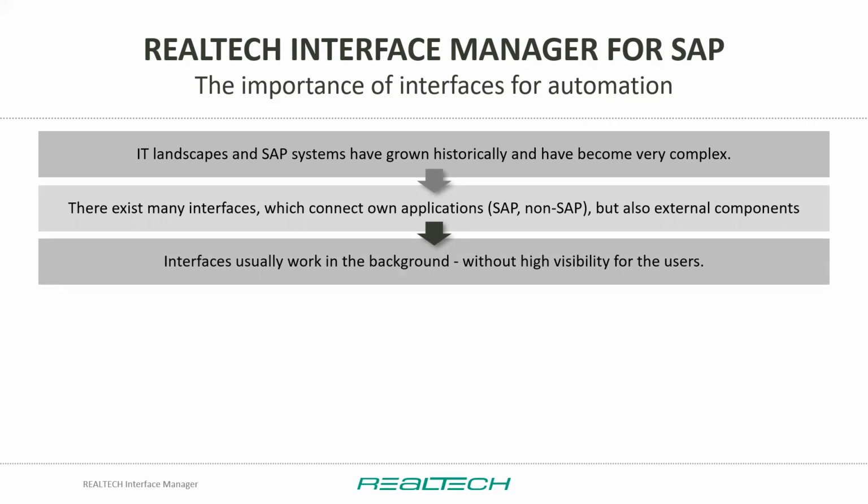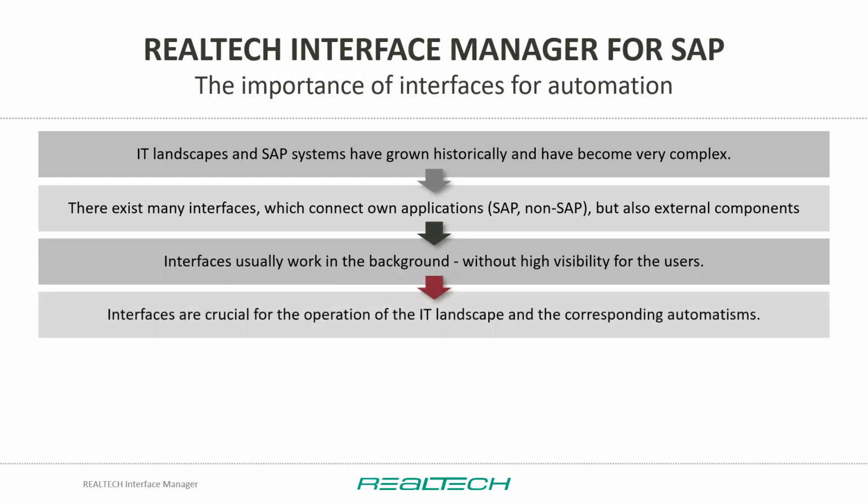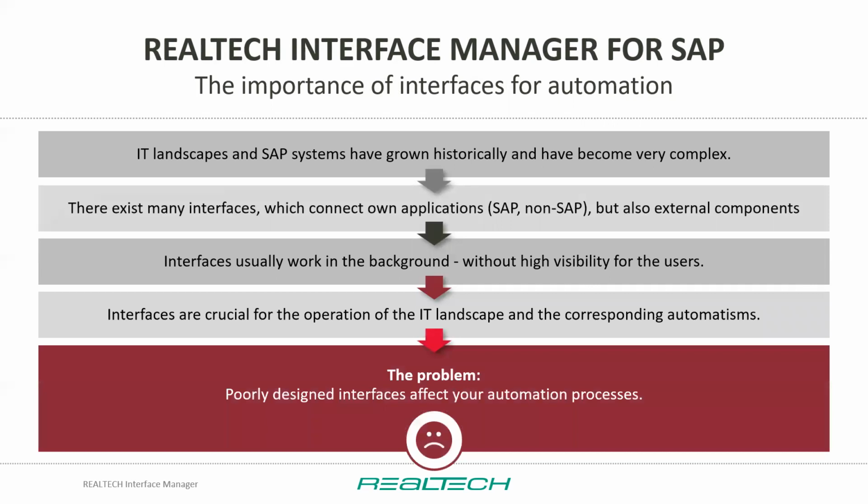The interfaces usually work in the background, so it's not really visible for the users to understand what is the process behind, but they are crucial for the operations. And this is where the problem arises, because if the interfaces become very complex and they do not keep up with, let's say, SAP changes on automation, improvements or enhancements, they will be a problem for the future.